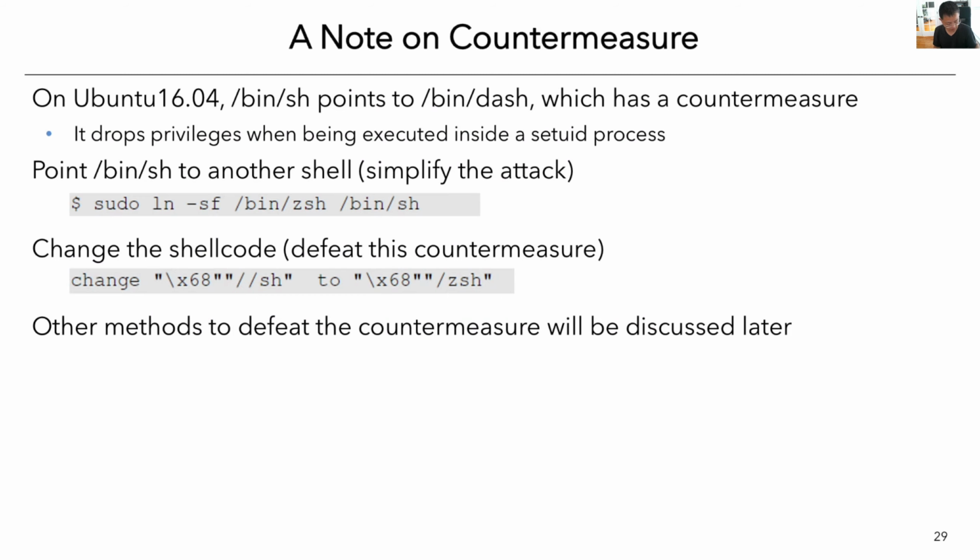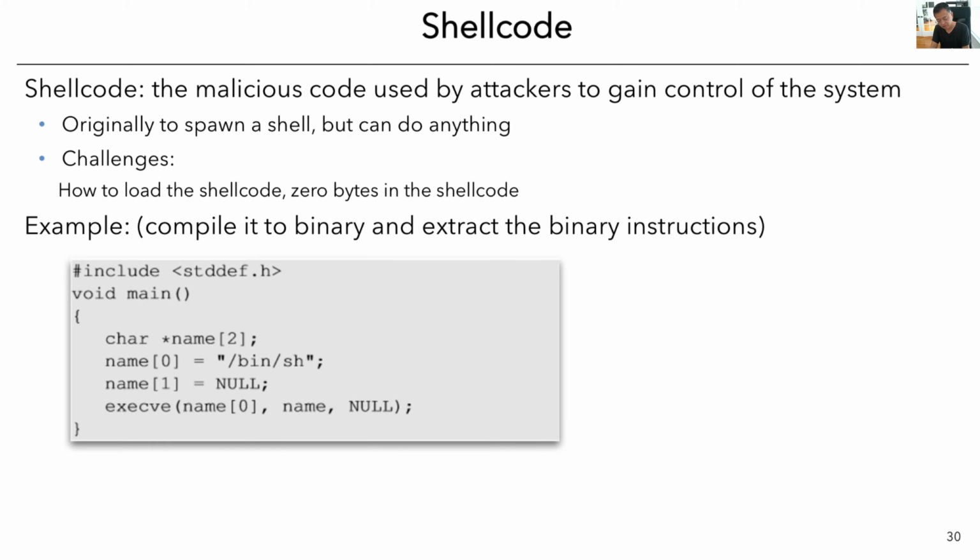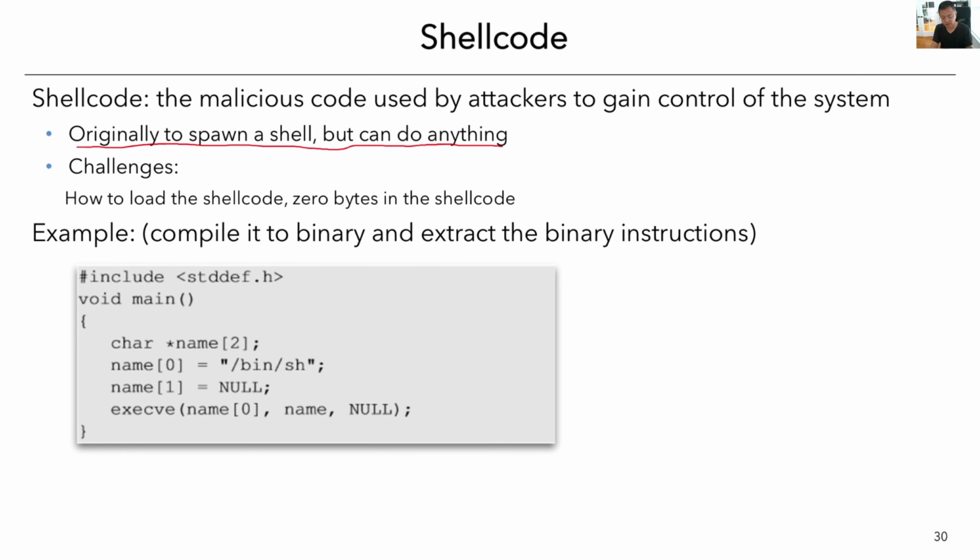Okay, let's skip this slide. Let's talk about the shellcode. The shellcode is the malicious code used by an attacker to gain control of the system. It's named shellcode because originally it would spawn a shell, but it can actually do anything necessary. Here is an example.